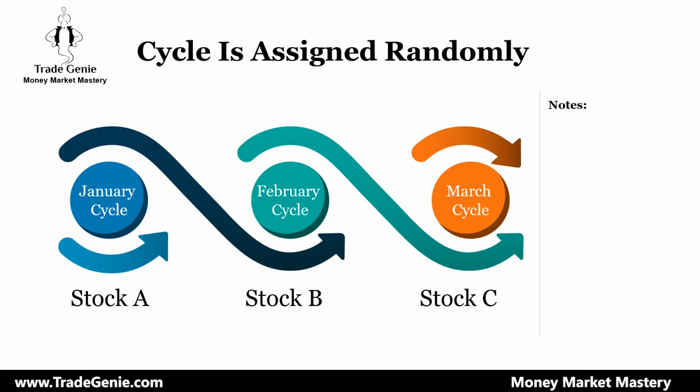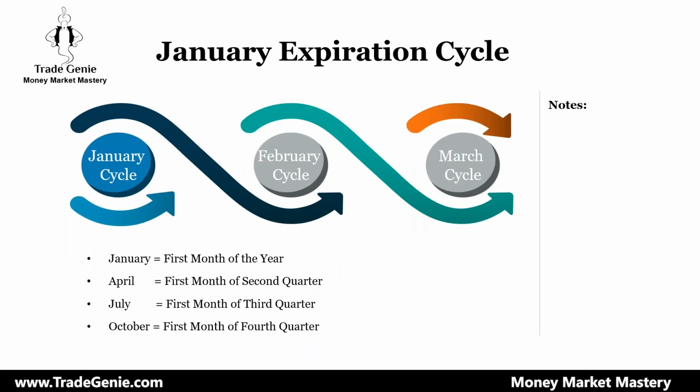So the cycle is assigned randomly. Now, let me explain the January expiration cycle. Then I will explain February, and then I'll explain March. So January cycle. January is the first month of the year. So they just think like this: for each quarter, the first month of the quarter is assigned.